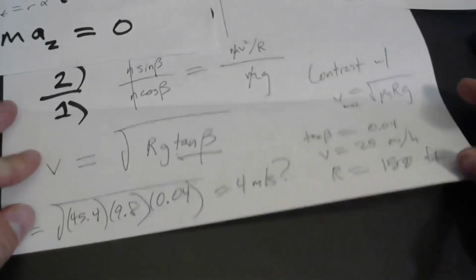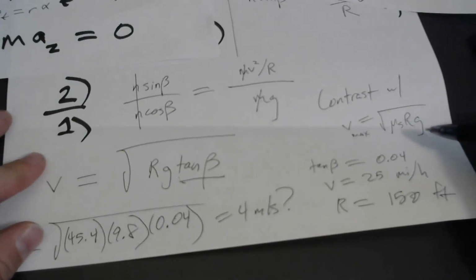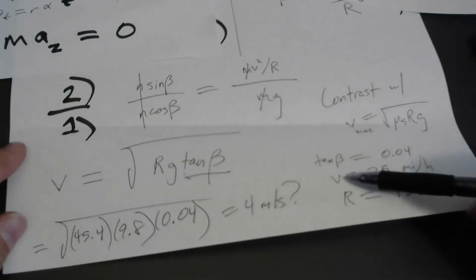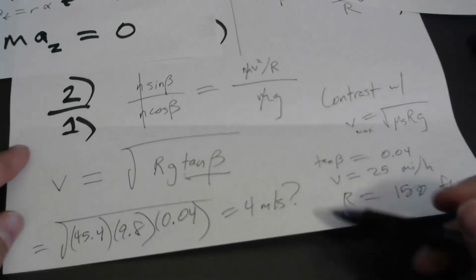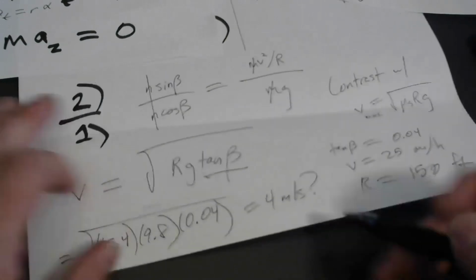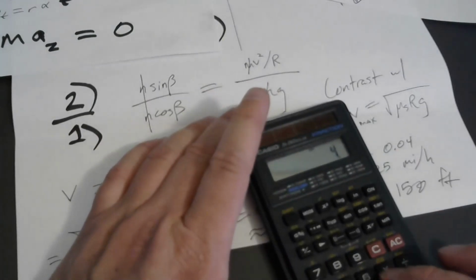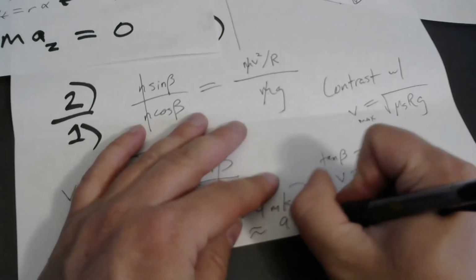Well, I was not able to find an error in my calculations, and I'm remembering now that the numbers provided by that website come from an analysis that includes friction. Here I've looked for the speed at which you can drive where no friction is necessary. If I take 4 meters per second and multiply by 2.25, that's roughly 9 miles per hour.